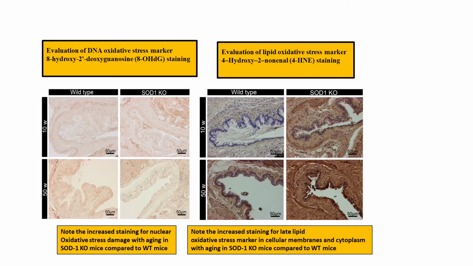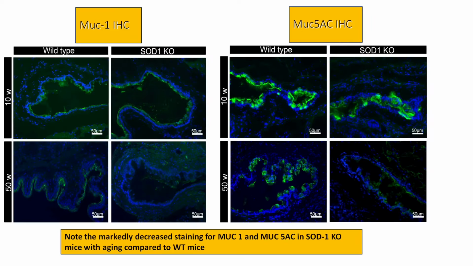We observed the same pattern for the late phase lipid oxidative marker 4-HNE, which stains the membranes and cytoplasm with an increased intensity from 10 to 50 weeks. Both mucins 1 and MUC5AC showed decreased staining with aging to an extent more than the wild-type mice.